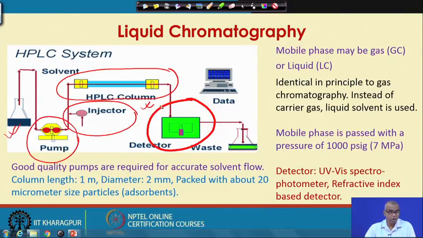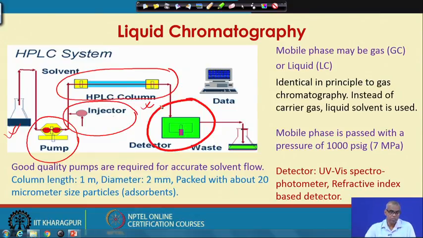Good quality pumps are used with liquid chromatography because the solvents need to be forced through the HPLC column with accurate flow rate at high pressures.